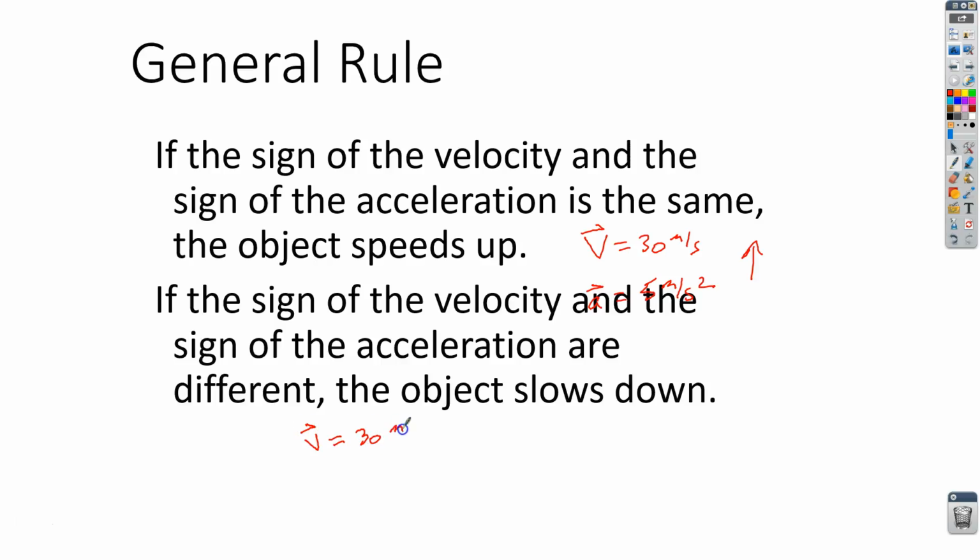Velocity is 30 meters per second. That's what I start at. And I have an acceleration now equal to negative 5 meters per second squared. So that means I'm slowing down. If I'm going in the opposite direction, so I'm going negative 30 meters per second, and my acceleration is now positive 5 meters per second squared, we still consider that a deceleration, or a slowing down, because the signs are in the opposite direction.